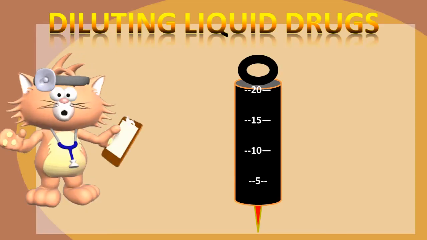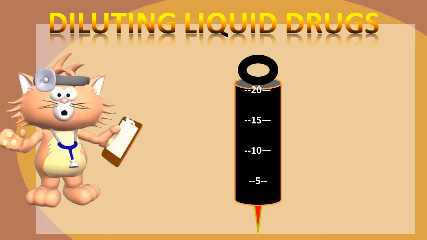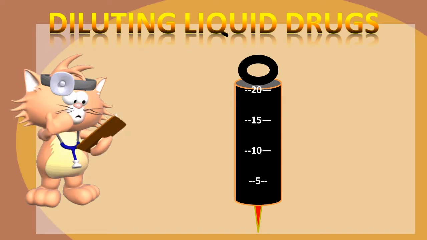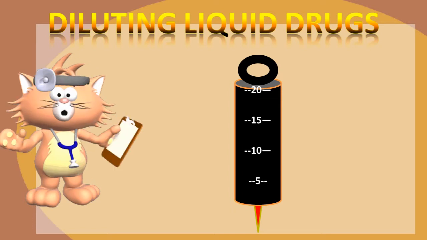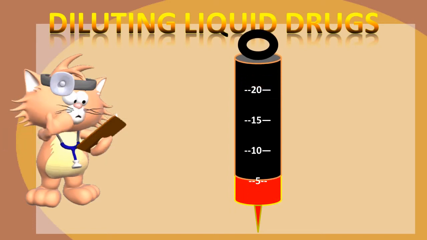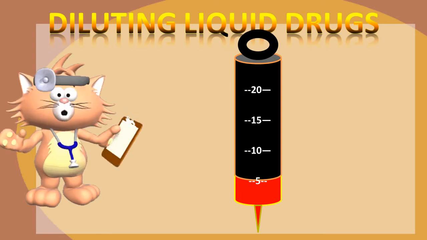Mechanically, do your calculation to discover how much volume you will make. Choose a syringe large enough for the full amount you will make. In our example, we will choose a 20 milliliter syringe. Pull 1 measure of the medication, the per volume amount of the strength, which you determined was 5 milliliter.